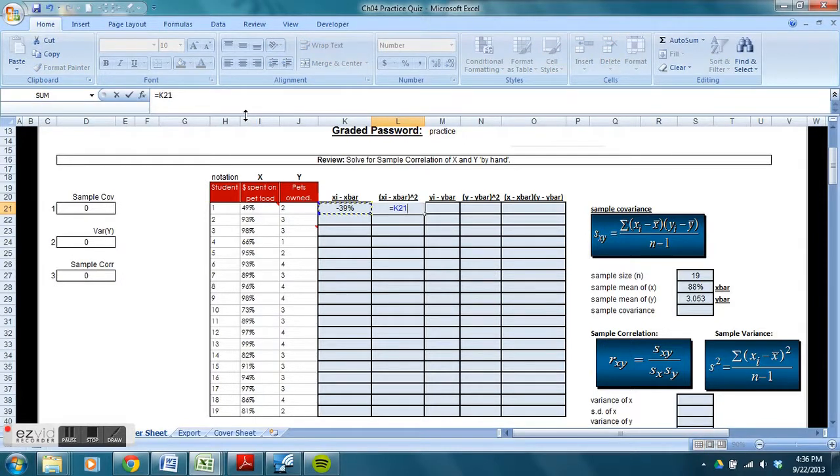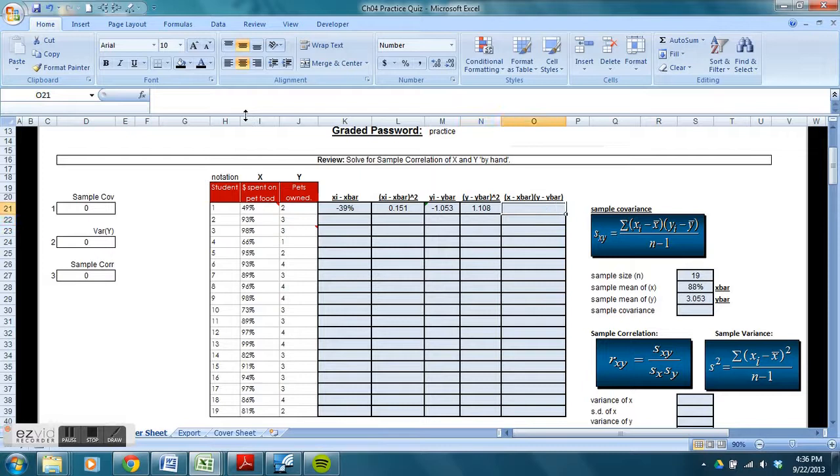Here's our y sub i, or y1 minus our y bar. Dollar signs. Again, we want to square it here.